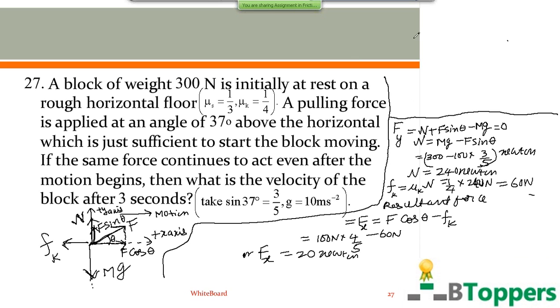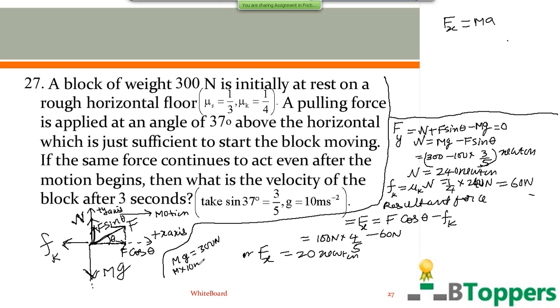From Newton's second law, the resultant of all the external forces acting on the block will be equal to its mass times acceleration. You are given the weight mg of the block as 300 newtons and g as 10 meter per second square.